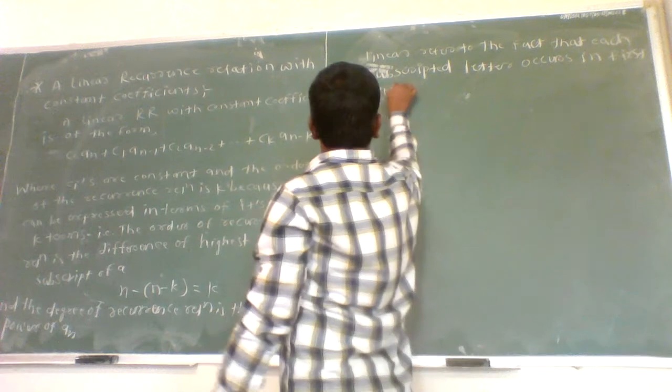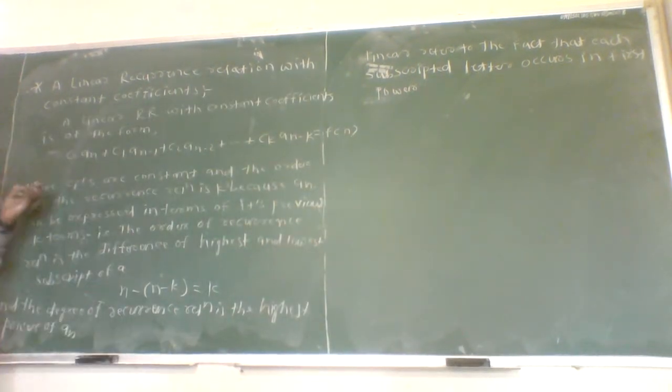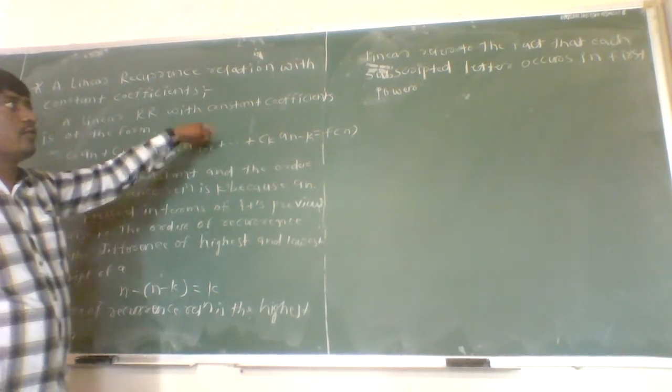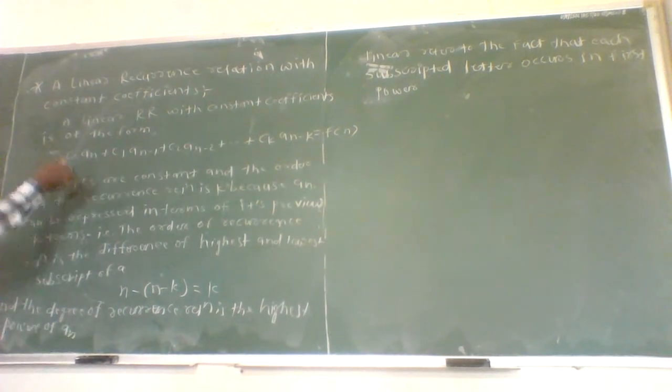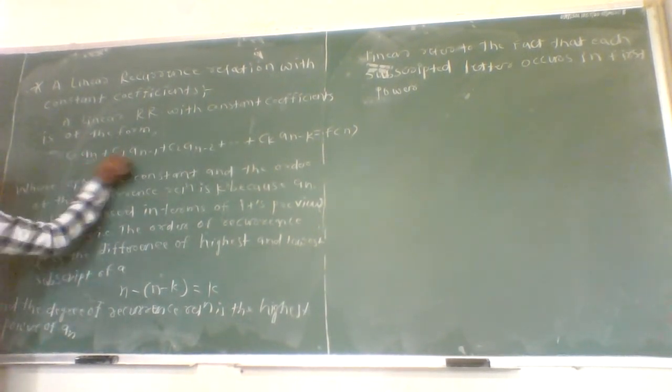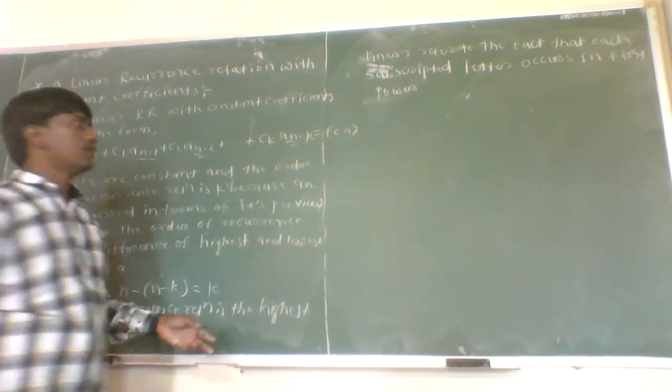So, according to this, we can say that the given recurrence relation with constant coefficient is called a linear recurrence relation with constant coefficient, since here each subscripted letter occurs at the first power only, that is a_n, a_(n-1), all have first power. Therefore, it is called linear.